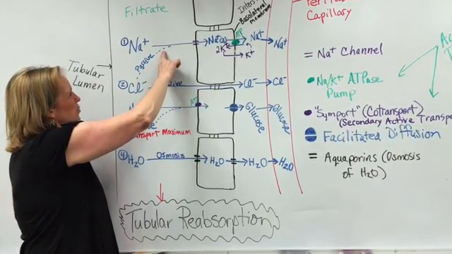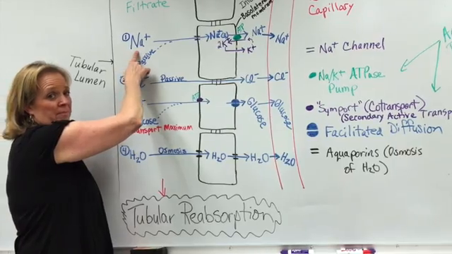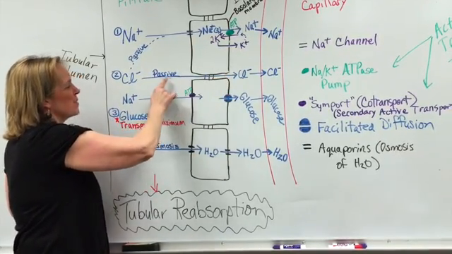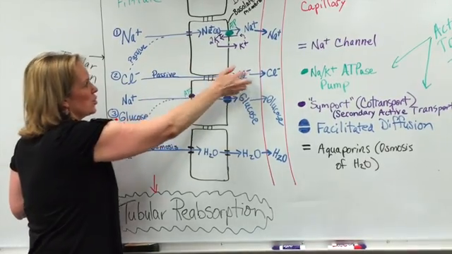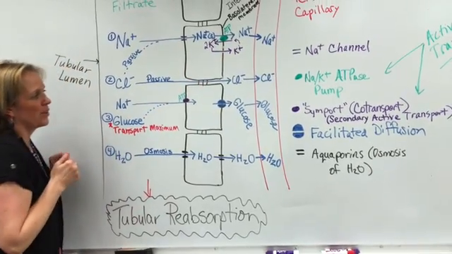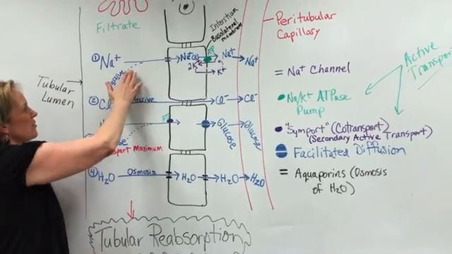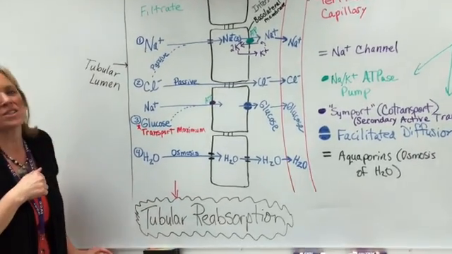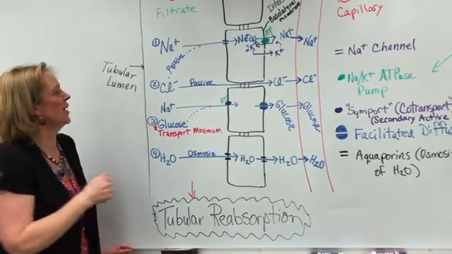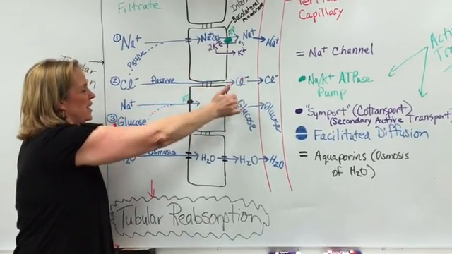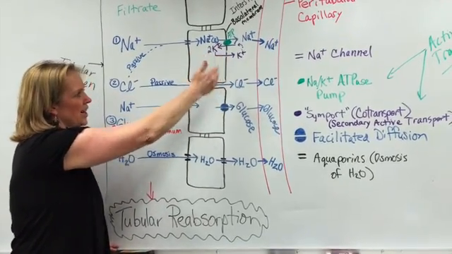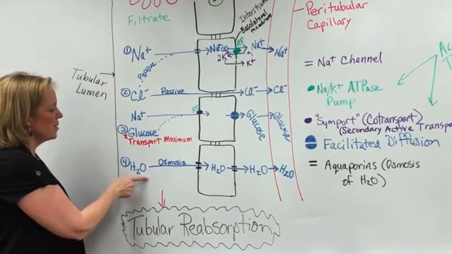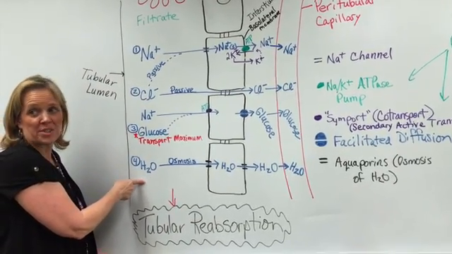So either chloride will move passively with sodium through those sodium channels, or it will move between the cells passively and accumulate here in the interstitium along with the sodium ions. Regardless of which of these mechanisms chloride uses, there is no expenditure of energy. Okay, so now we have set up a nice sodium chloride filled interstitium that of course is going to set up the conditions for water reabsorption.